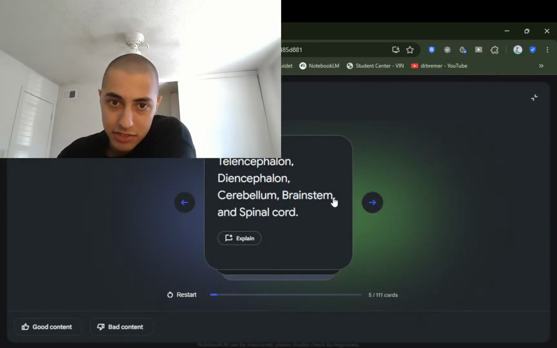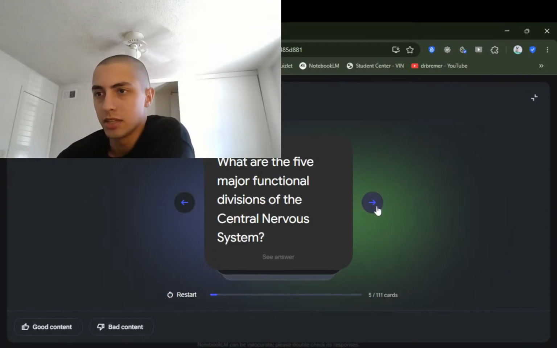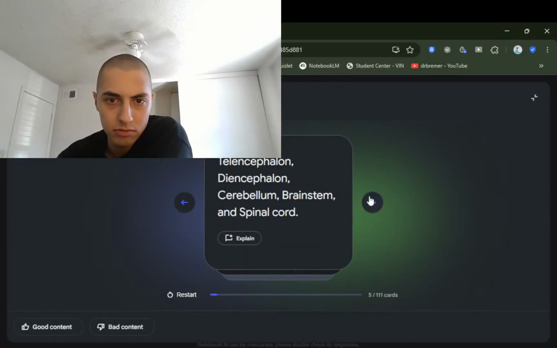Okay, meninges isn't even in there. Telencephalon, diencephalon, cerebellum, brainstem, and spinal cord. Five major functional divisions of the central nervous system: telencephalon, diencephalon, cerebellum, brainstem, spinal cord.